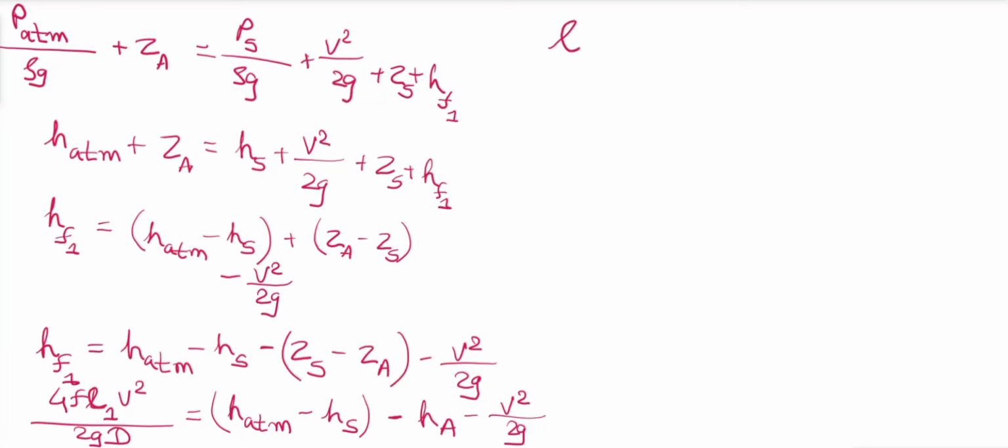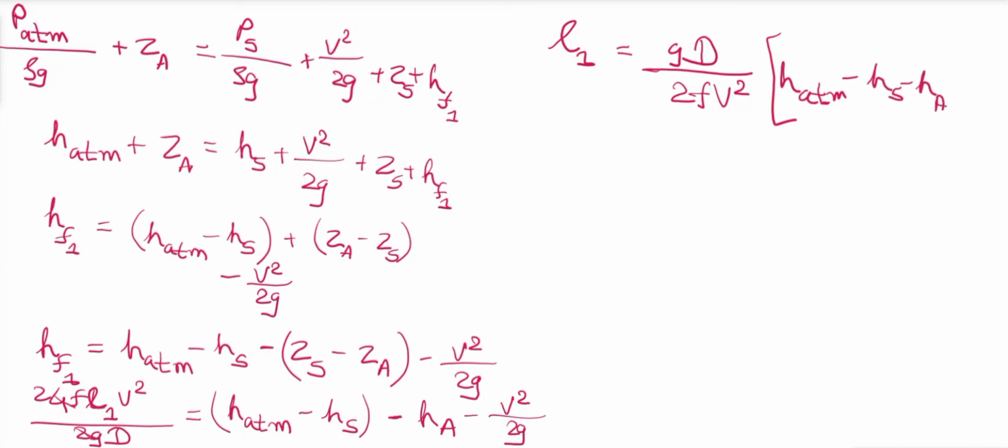Then, making L1 the subject of the equation, we just need to multiply and divide: 2gD divided by 4FV square, 2 twos are 4, so it will be gD upon 2FV square, into H atmospheric minus HS minus HA minus V square by 2g. This is how we'll find the length of the inlet leg.